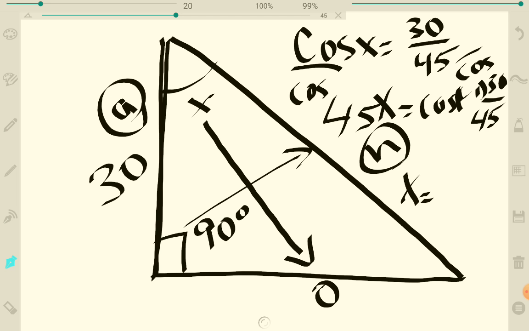And we should get 48.190. That's a 9 right here.